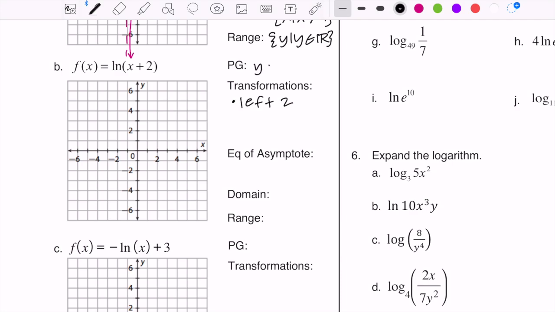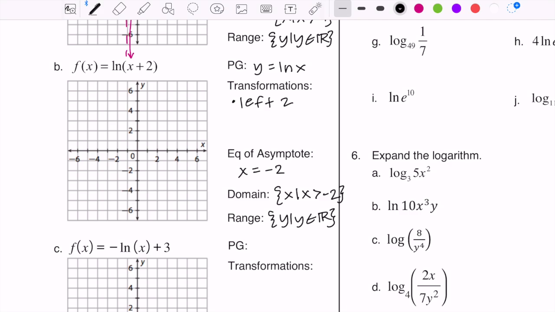So the parent graph is just the natural log of x. The equation of the asymptote is always going to deal with the horizontal shift, so this is going to be x equals -2. Because the asymptote is at x equals -2, the domain is going to be greater than -2. And the range for all logarithms is always all real numbers.